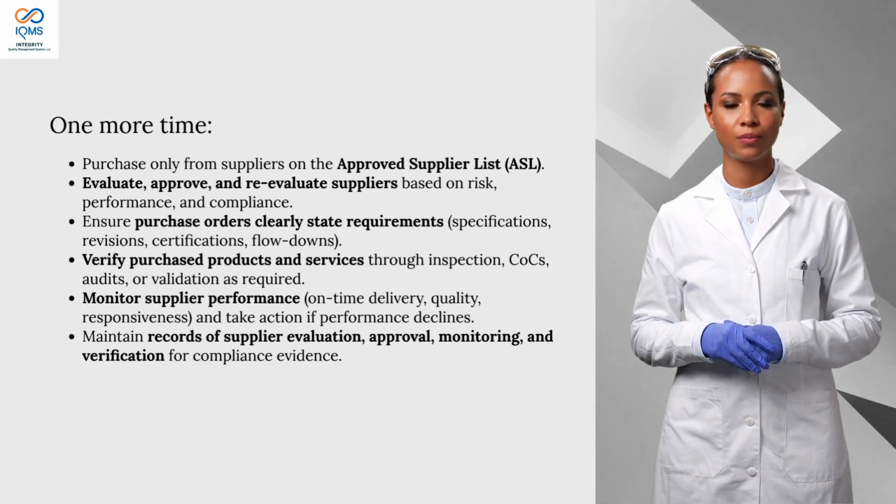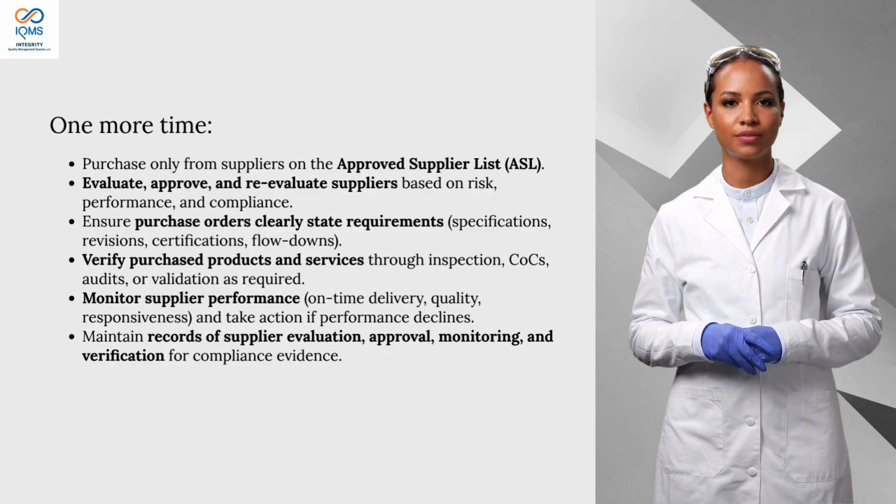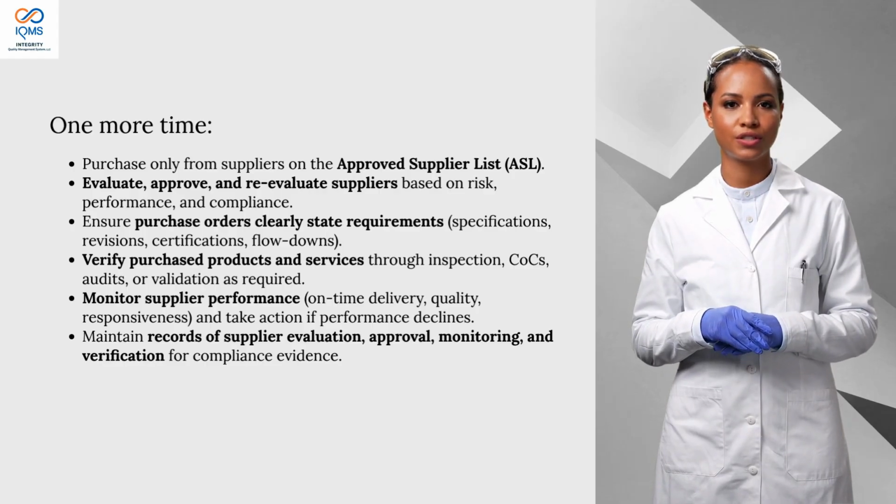So one more time with different words. Purchase only from suppliers on the approved supplier list, ASL. Evaluate, approve, and re-evaluate suppliers based on risk, performance, and compliance. Ensure purchase orders clearly state requirements, specifications, revisions, certifications, flowdowns.